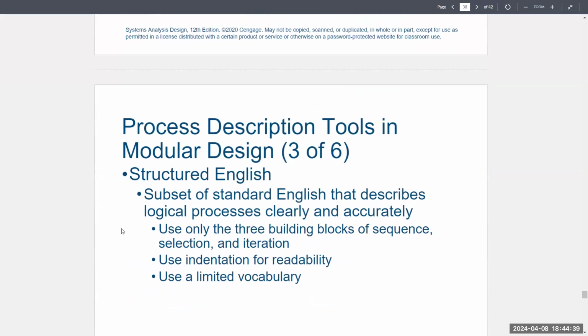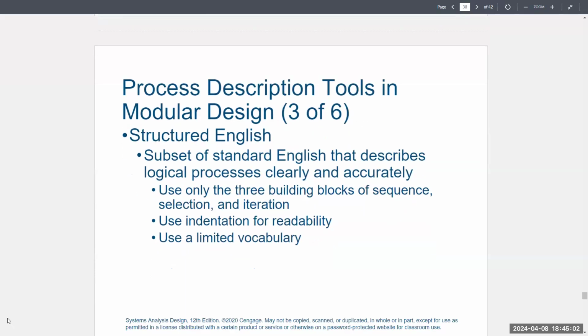But the reason they call it structured is it should not be like blobs of text, but something broken down by maybe requirements, maybe by process, by sub-process, so that it's easy to follow. And making sure that you're able to describe all of that logical process in a clear and concise way, using all of these different techniques. You may sometimes be representing a sequence of steps, some involving selection, sometimes iteration.